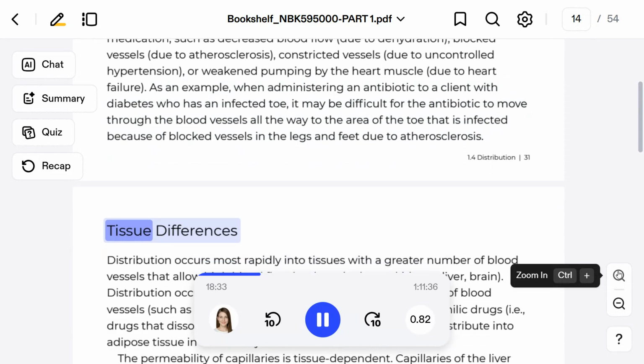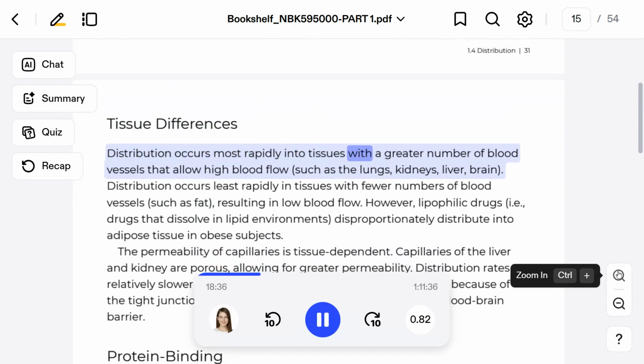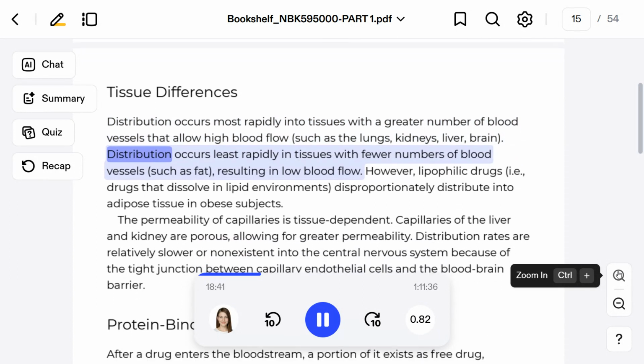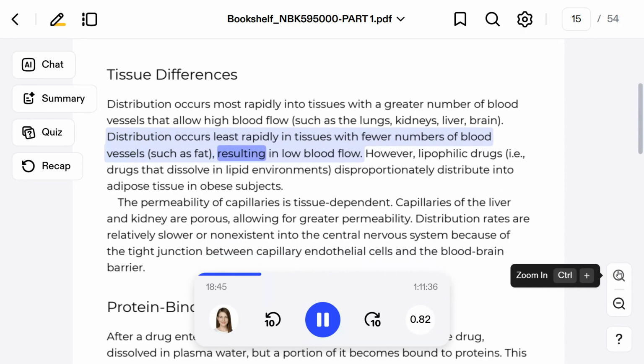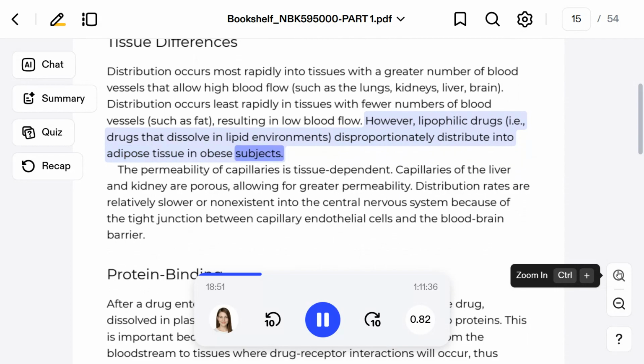Tissue differences. Distribution occurs most rapidly into tissues with a greater number of blood vessels that allow high blood flow. Distribution occurs least rapidly in tissues with fewer numbers of blood vessels, resulting in low blood flow. However, lipophilic drugs disproportionately distribute into adipose tissue in obese subjects.